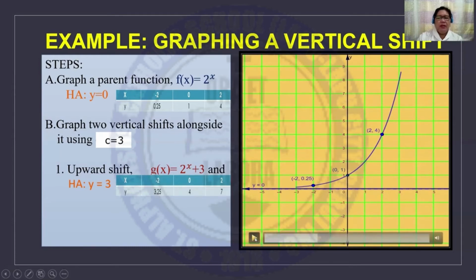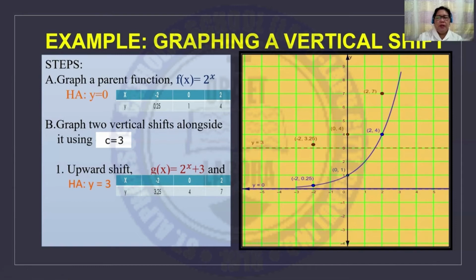Let us look at the graph of the second function. There you have the horizontal asymptote, and plotting the 3 points, and then connect with a curve. If you notice, from here it's 1, 2, 3, so the distance is equivalent to 3. From here, you shift 3 units up.